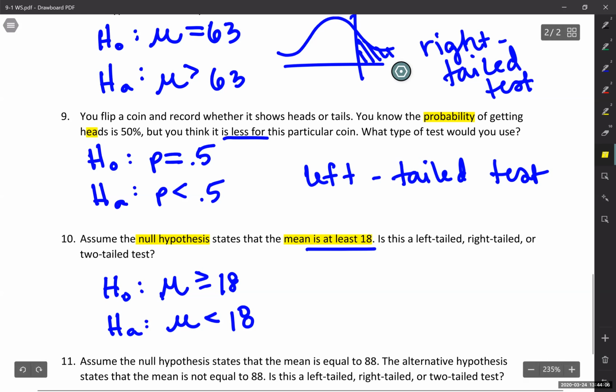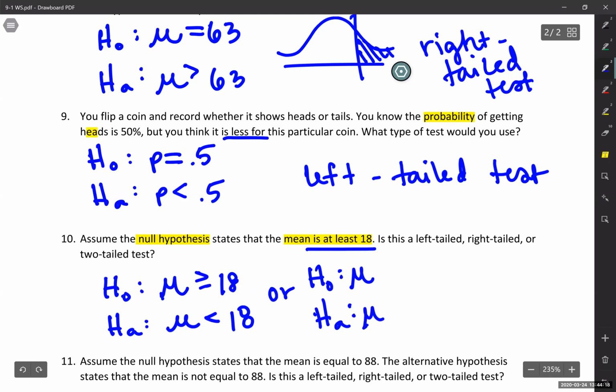You could, once you get the hang of it and you are more comfortable with the phrase at least, say at least 18 means the alternative has to be smaller, and the top is equal. Either way is fine by me, but that alternative needs to be less than, and since it's less than, it is a left-tailed test.